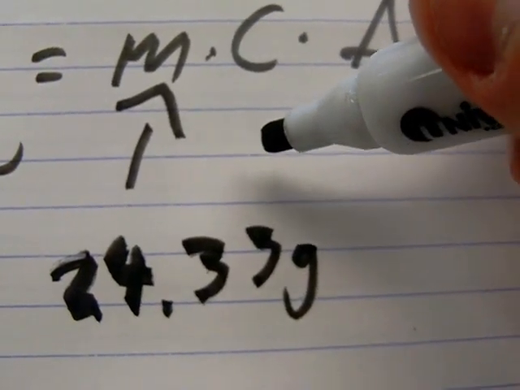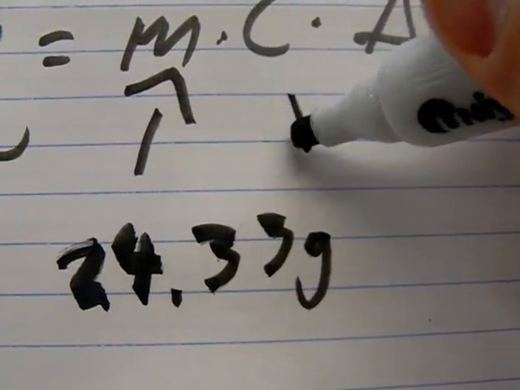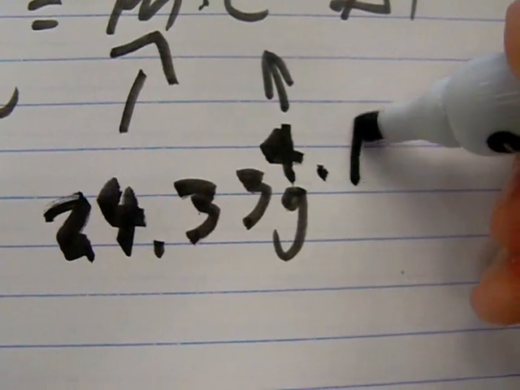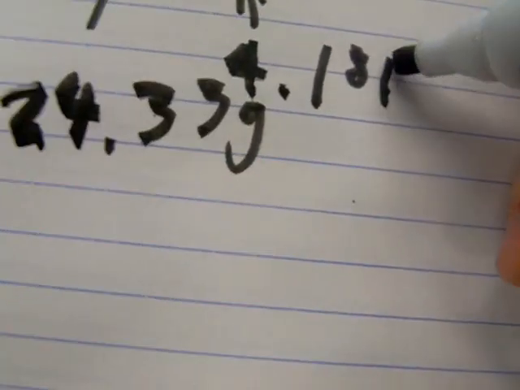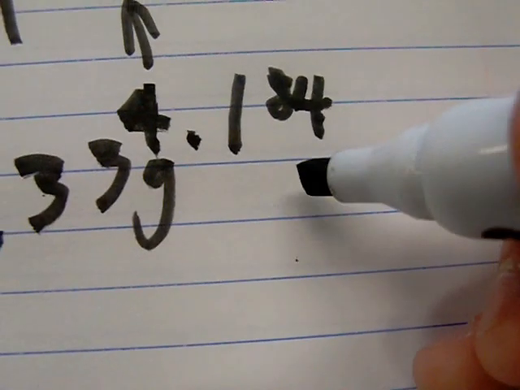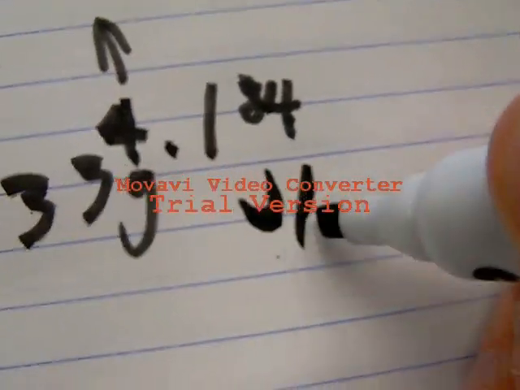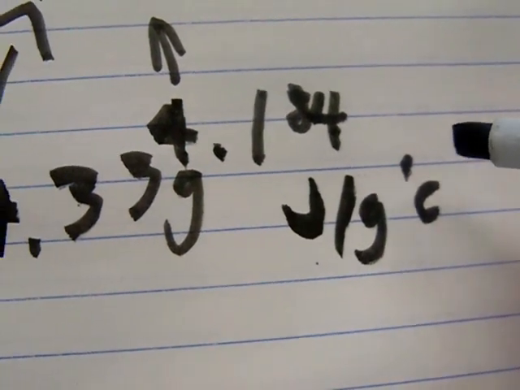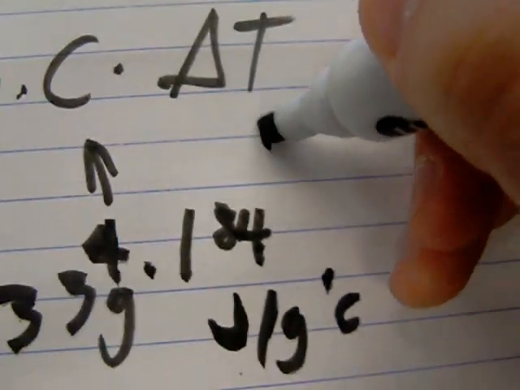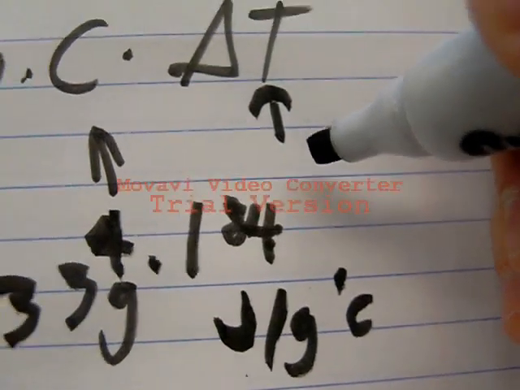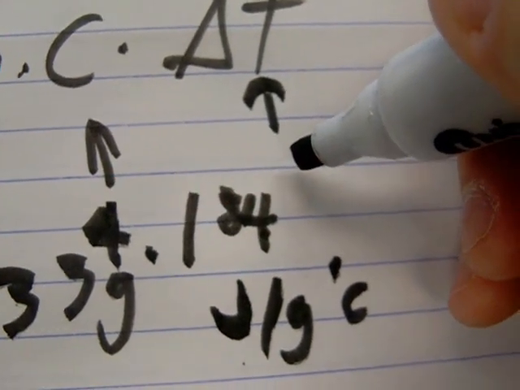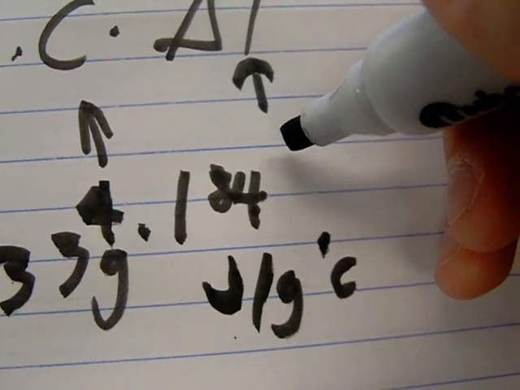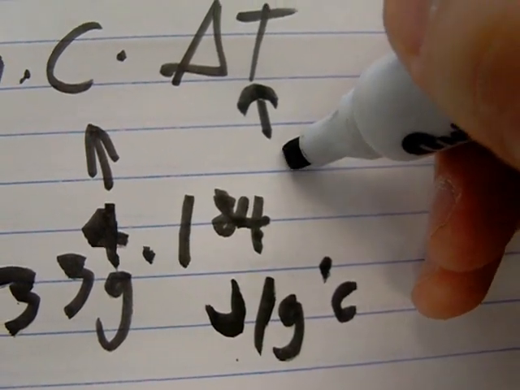The specific heat of water is 4.184, and this is in joules per gram degrees Celsius. And then we find the change in temperature. Our initial temperature was 22 degrees Celsius, and our final temperature was 60 degrees Celsius, meaning that we gained 38 degrees Celsius.